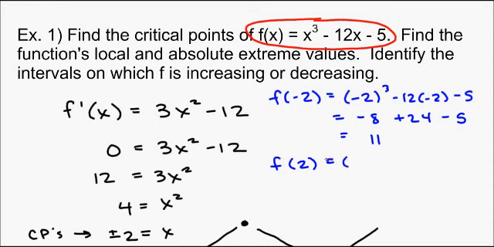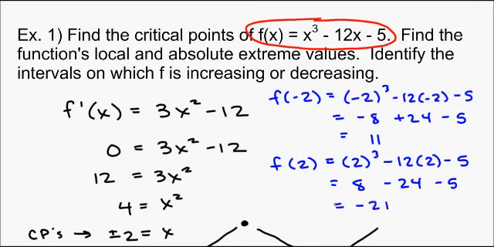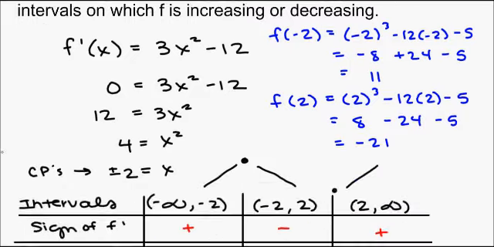And f of 2 is 2 cubed minus 12 times 2 minus 5. So this is 8 minus 24 minus 5. So that's a negative 29, negative 21. Okay.